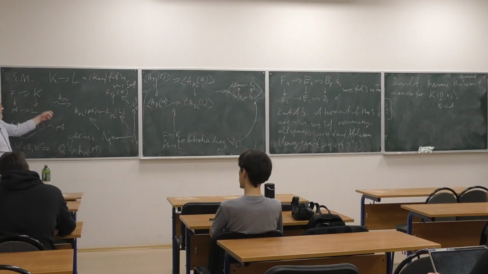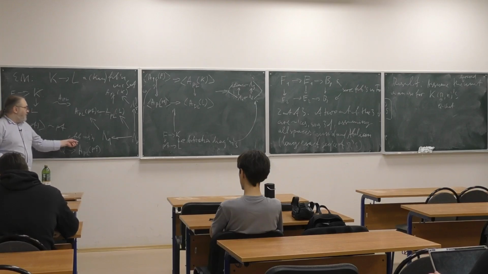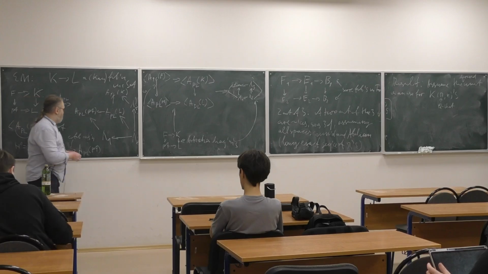Okay, now we remember that the right adjoint is in fact something which needs to be taken in the opposite category. The right adjoint will preserve an equivalence.